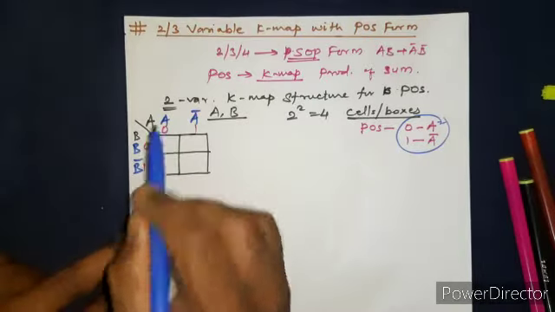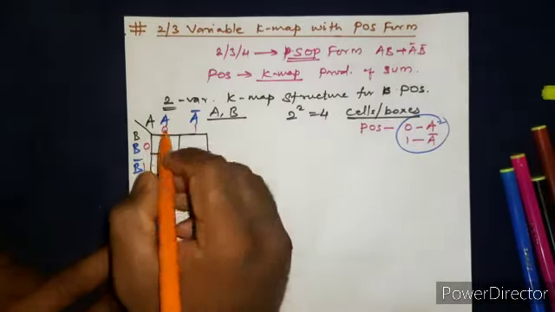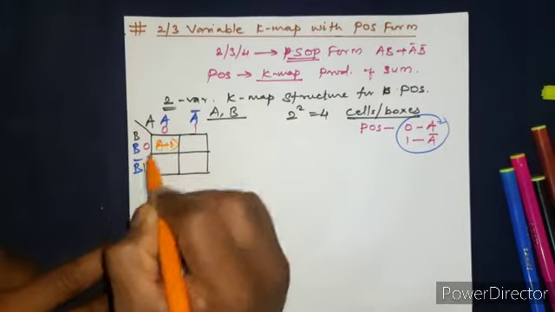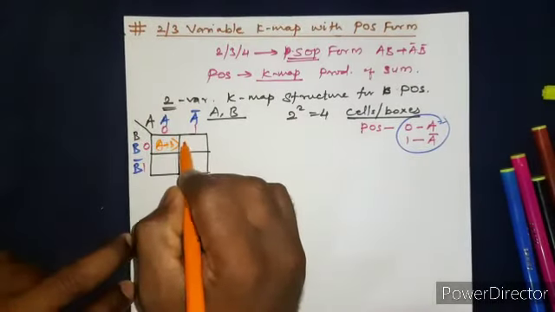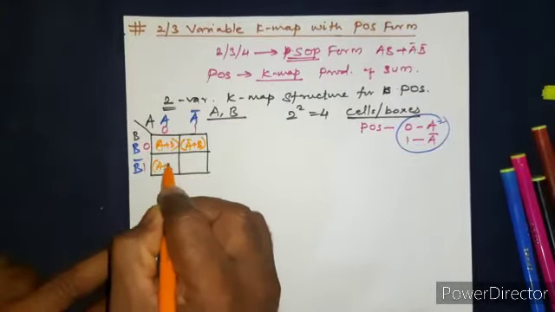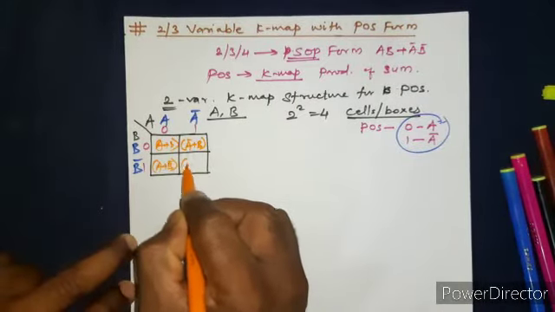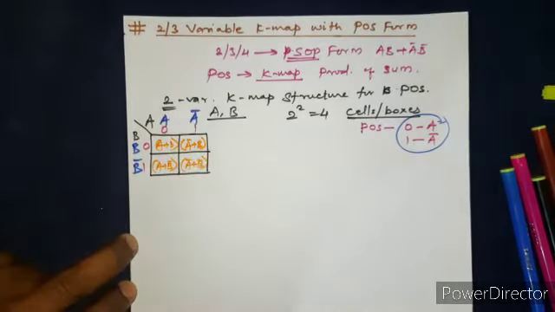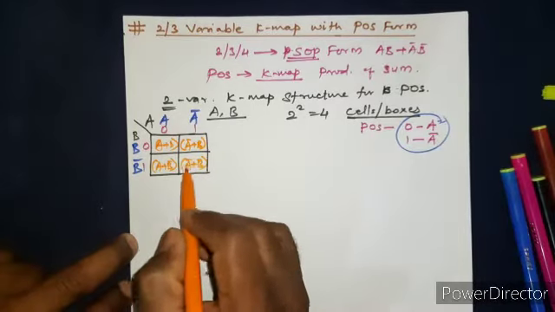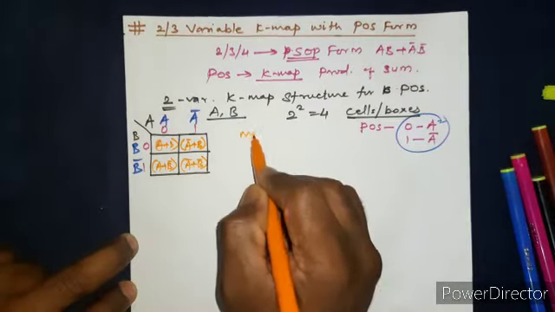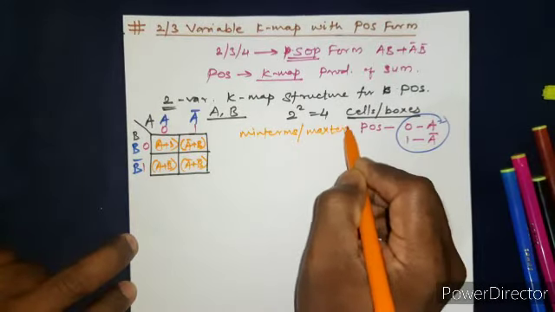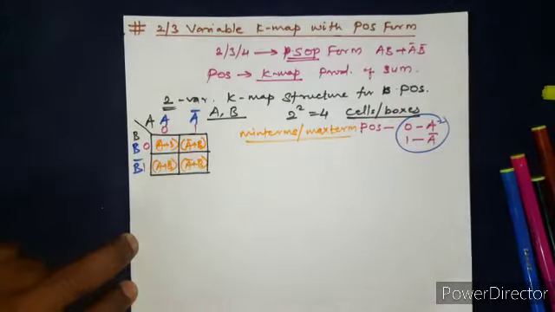Then the max terms here are A plus B, here it is A bar plus B, here it is A plus B bar, and here it is A bar plus B bar. Just refer to those previous tables where we have written min terms and max terms for 2 variable and 3 variable.